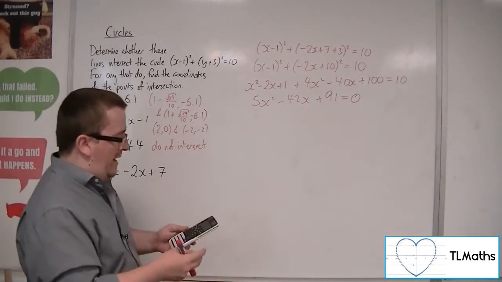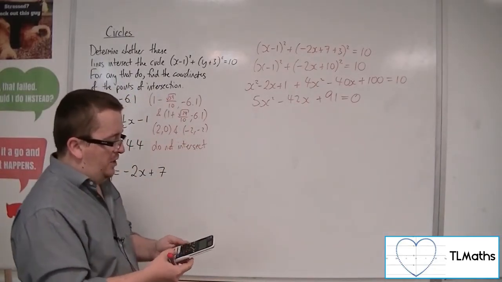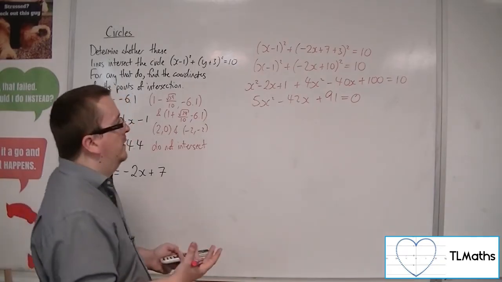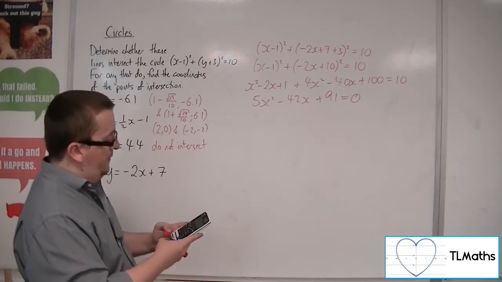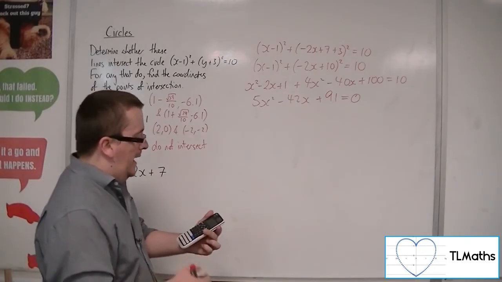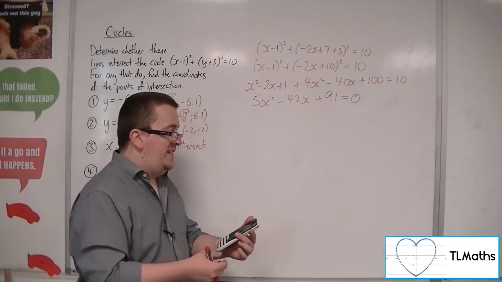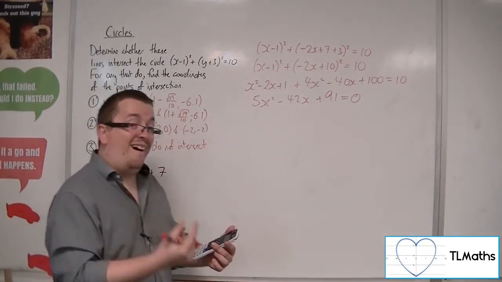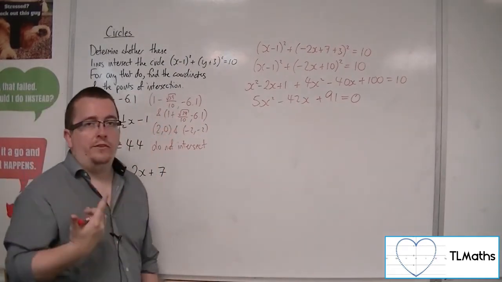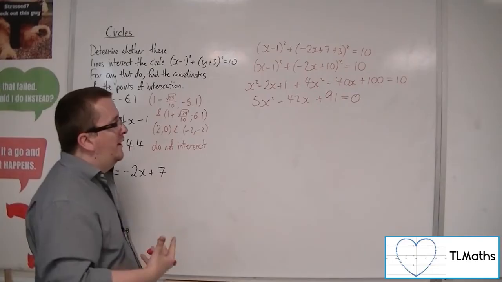Now with this quadratic, you could quite easily just substitute this into the quadratic solver. So 5, -42, 91. And you'll get (21 ± root 14 i) over 5. Now that i means we've got imaginary roots there. So we've actually got complex numbers coming from this.